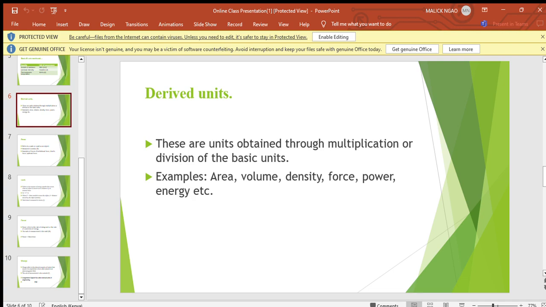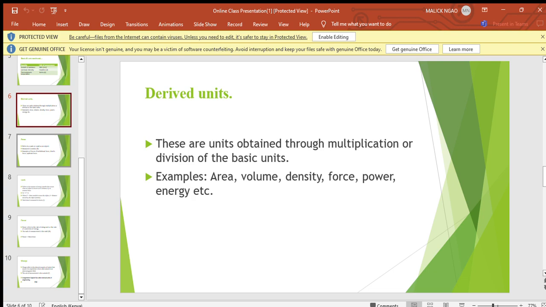Just to test our understanding, can I have an example of a derived unit from one of the members? Yes, we have area. Any other example? Velocity, very correct. That is derived from distance and time.